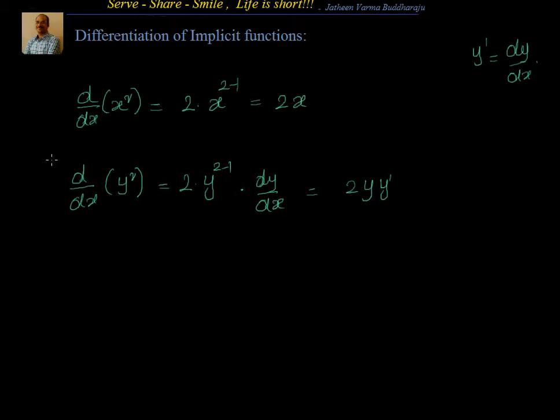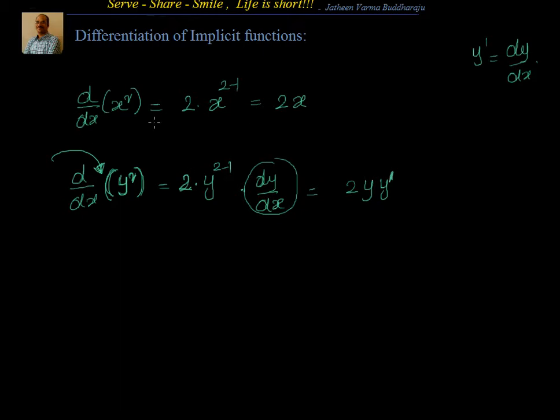So remember that whenever you differentiate a function which has y, like y square, e power y, or y cube, you find the derivative and with it you also write dy by dx, because you are differentiating y with respect to x.